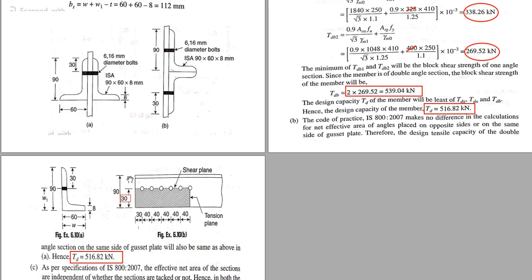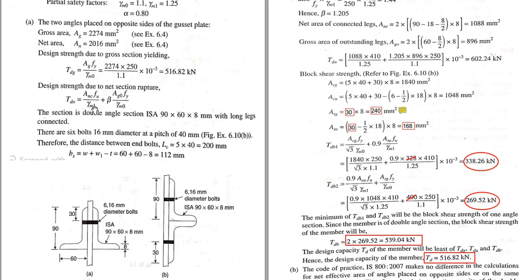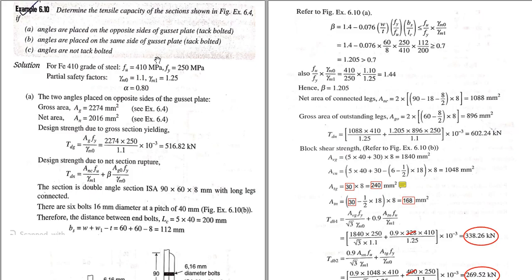So this is 30, that means this is 30 here. I hope the picture is clear to you. If you don't understand, then rewind these video lectures to get a clear idea. Now for these two figures we have to find the tensile capacity of the section.